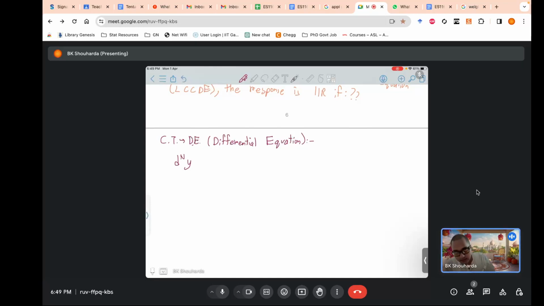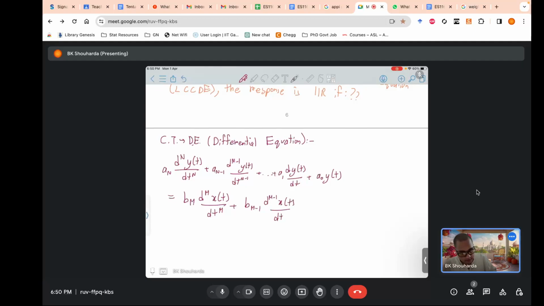It looks something like this: the nth derivative of y(t), the n minus 1th derivative of y(t), all the derivatives till the first and y itself, equals, then comes the input: bm, the mth derivative of x(t), the m minus 1th derivative of x(t), and so on till b1 dx(t)/dt plus b0 x(t).